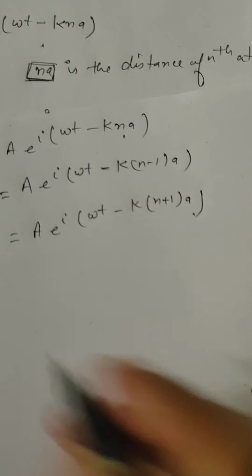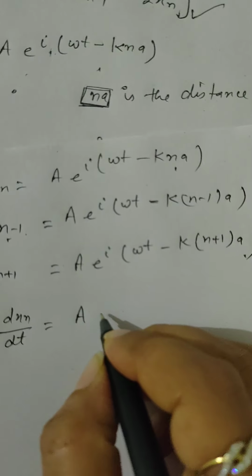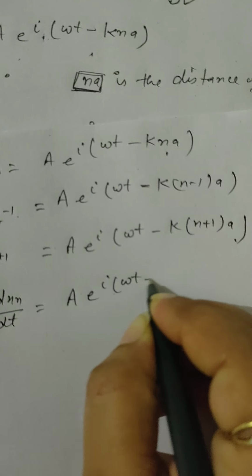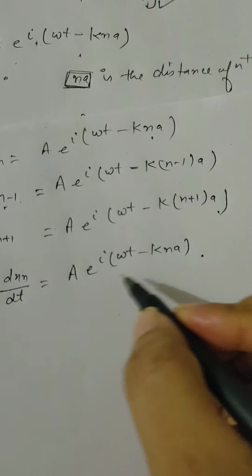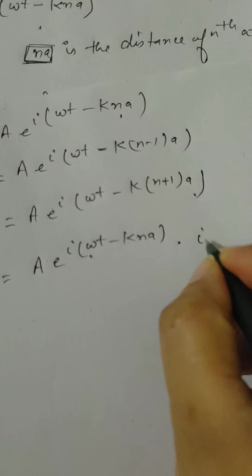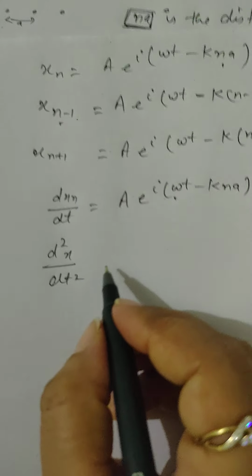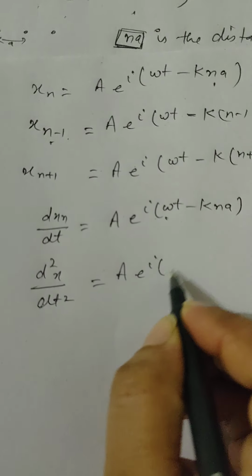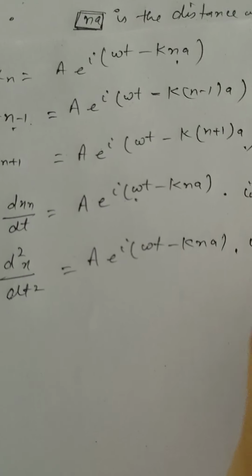So dxn by dt will be equal to a e raised to power iota omega t minus kna, and the derivative of this with t will give iota omega, and the second derivative will be a e raised to power iota omega t minus kna into iota omega.